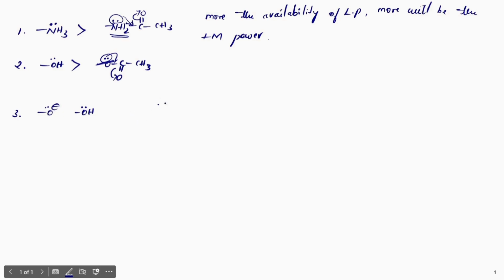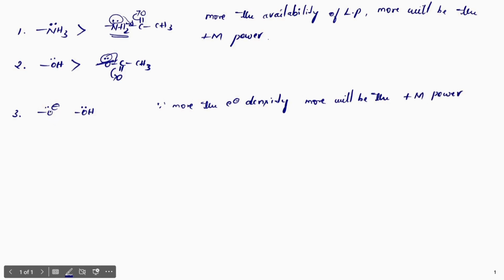The more the electron density, the more the positive mesomeric power.